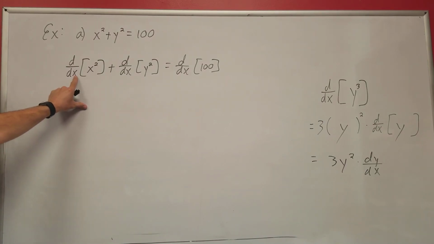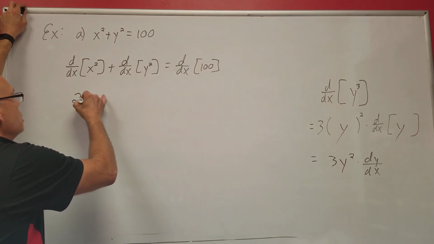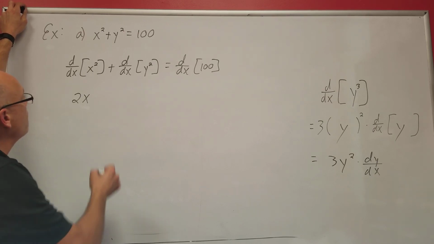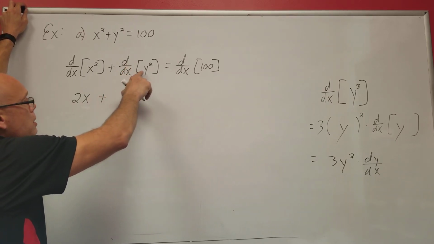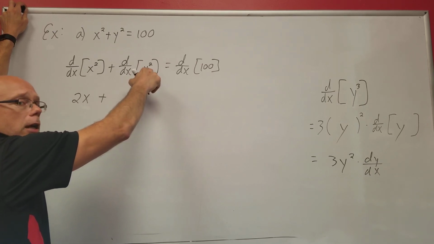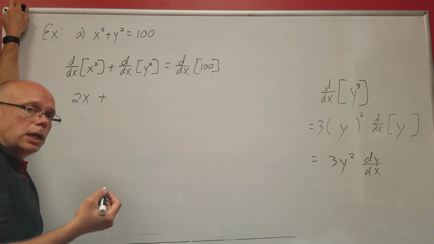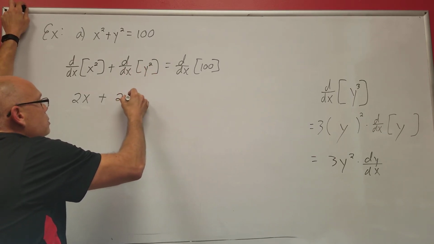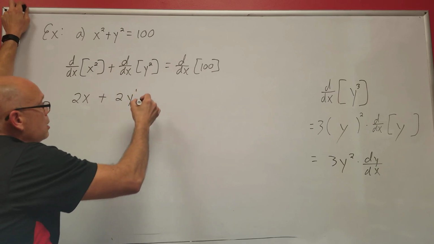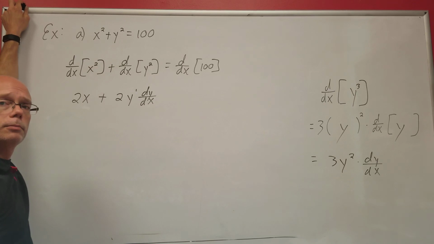Now notice, this x matches up with that x, so I take the derivative just the old way that we're used to, 2x to the first, plus. Now what about this, the derivative with respect to x of y squared? Remember how this variable is different than this one, right? So we're going to have to use implicit differentiation here. So we're going to say that's 2 times y to the first times dy over dx.